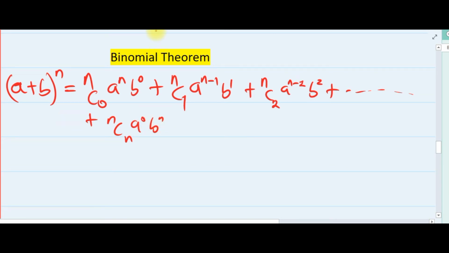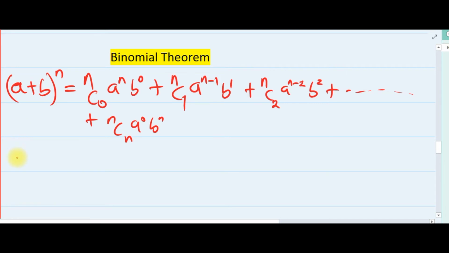So you notice that we started from n combination 0 a^n. That's, a starts from the highest power and decreases down to 0, while b starts from the lowest, which is 0, and increases to n. So this is very, very important. It helps us to expand better and faster.